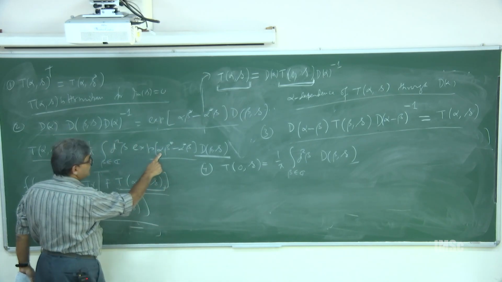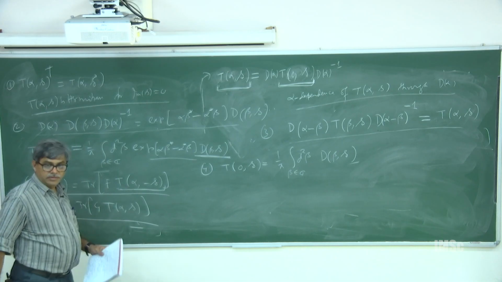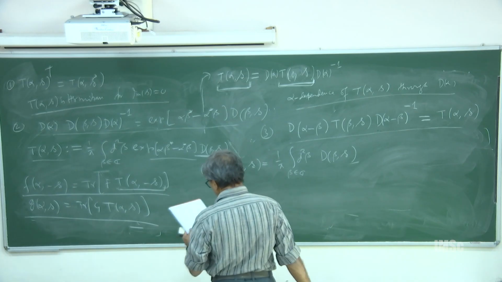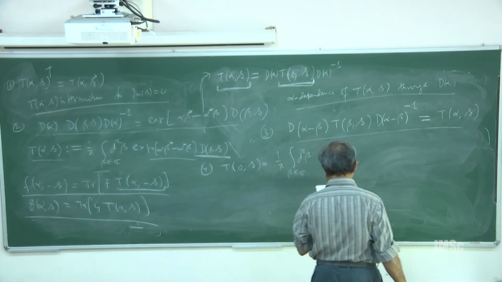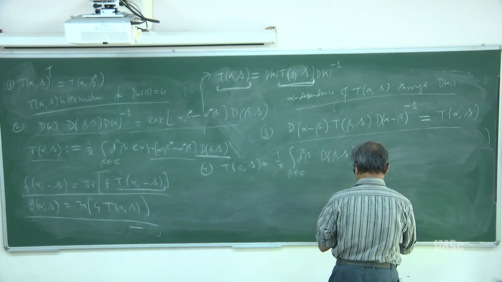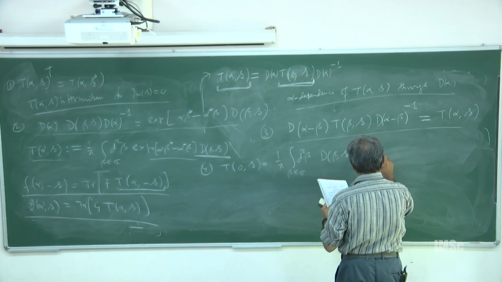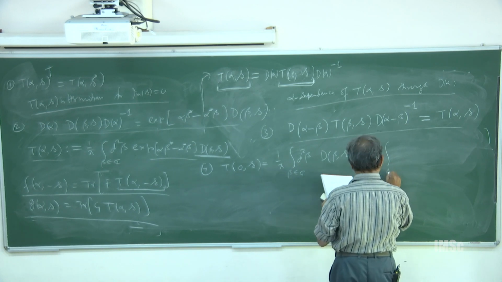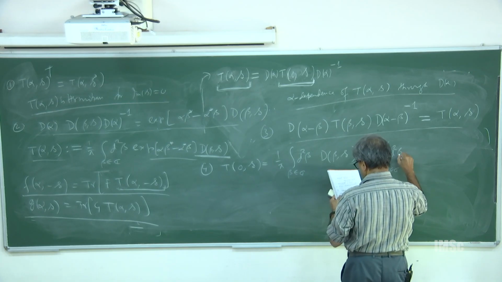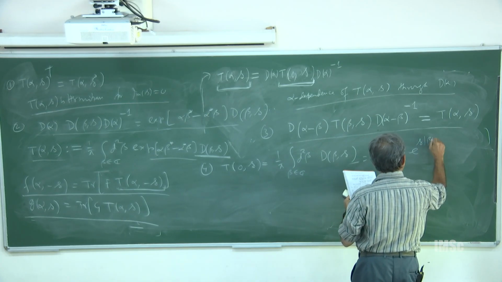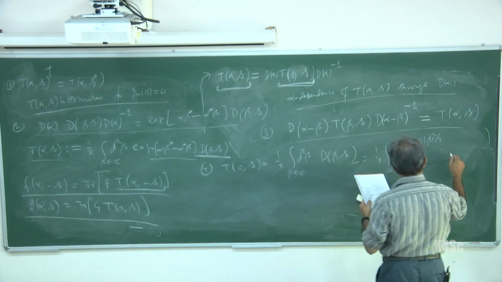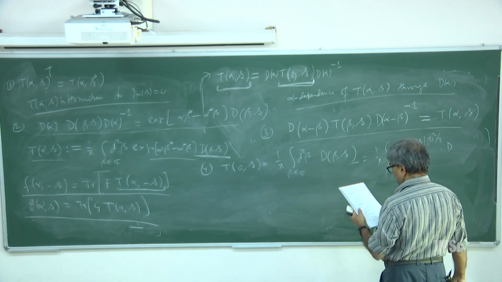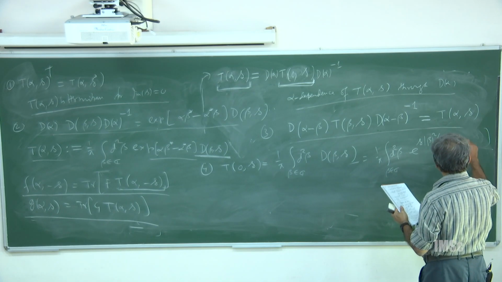If you take alpha equal to 0, this is what you will have, T of 0 s, and this you can write as 1 upon pi integral over beta belonging to C d square beta e to the power s beta square by 2 into d of beta minus 1.